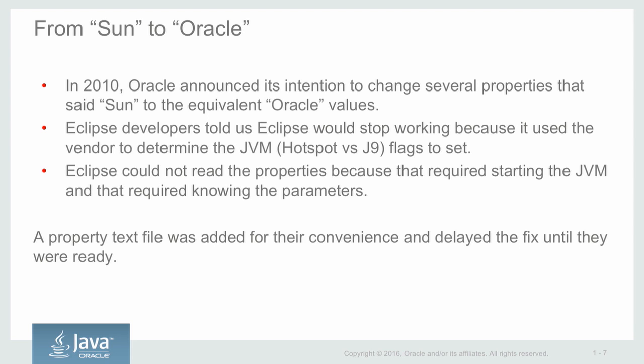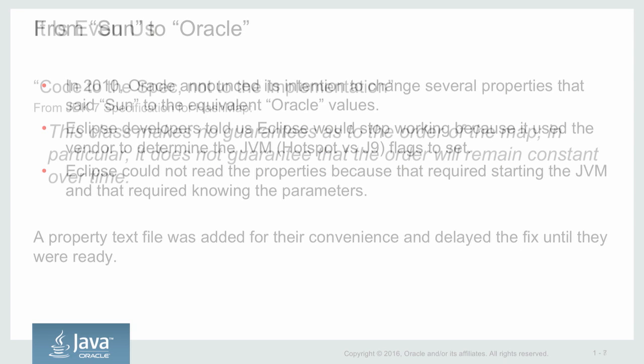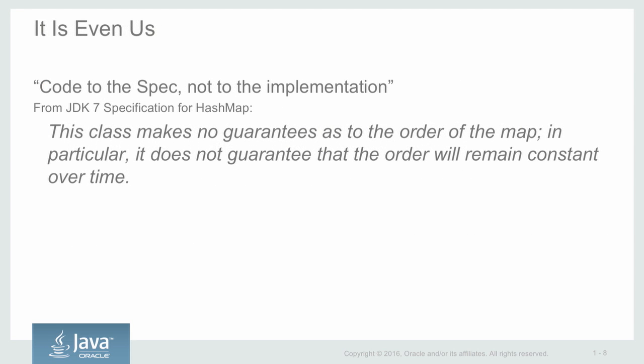So these are things that we consider not part of the product, that people rely on, and they tend to build things around, and when we change them, oh, you broke my code. Weren't you supposed to be backward compatible? And I'm not pointing fingers here. It's even us, the JDK team, the Java team, we hammer this to people: you should code to the specification, not to the implementation.